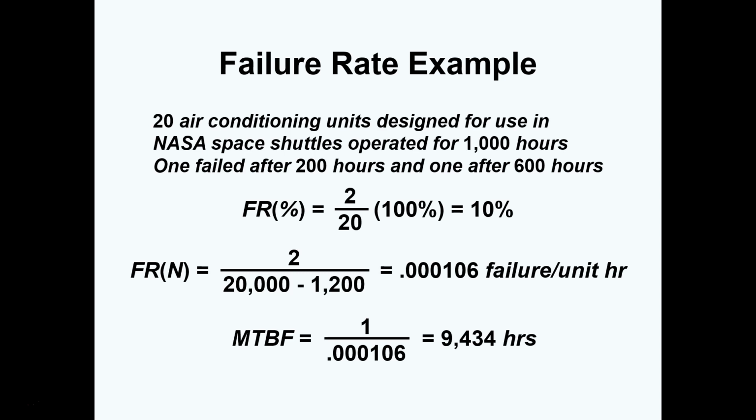That's where we plan for maintenance. At maybe 9,000, we can maintain before it breaks, so we can keep it up and running for another 9,434 hours and so on. So before it reaches that point of failure, we can plan for maintenance.